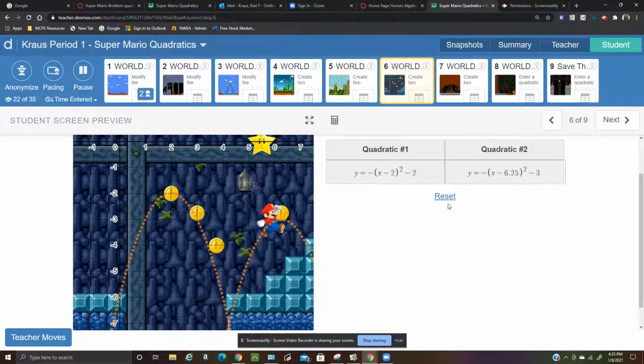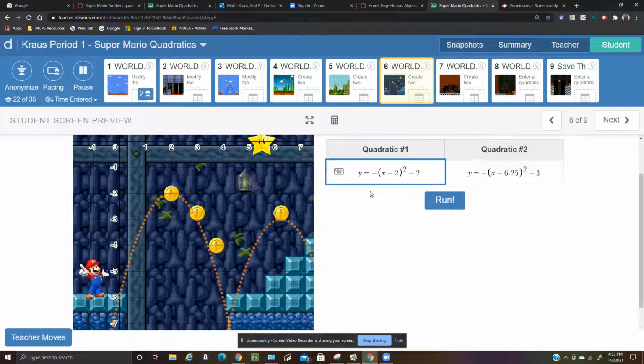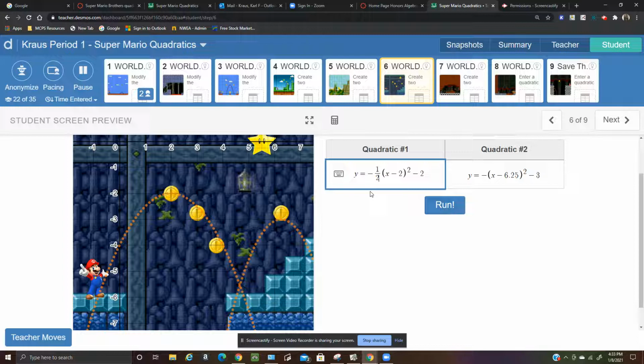Whoop. Missed one of those coins, so I'm not going to move forward until I get this coin here. So I'm going to make this wider. And maybe make it move over just a tad here.